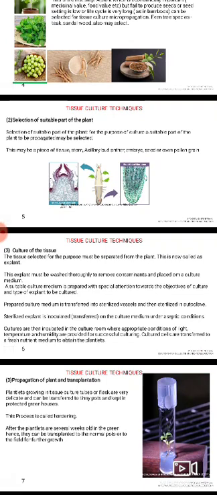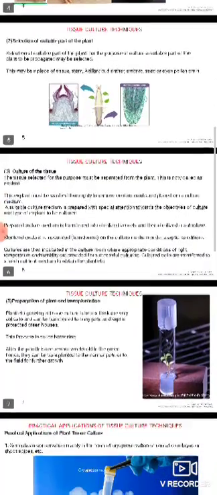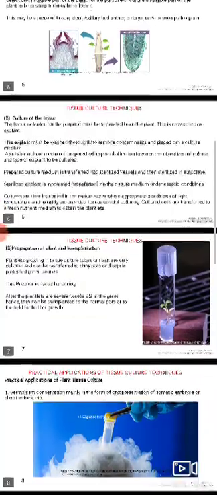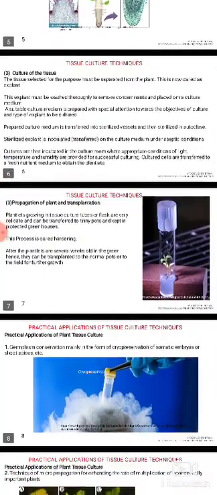A suitable culture medium is prepared with special attention towards the objective of culture and the type of explant to be cultured. Prepared culture media is transferred into sterilized vessels and then sterilized in autoclave. The sterilized explant is inoculated, that is, transferred onto the culture medium under aseptic conditions.